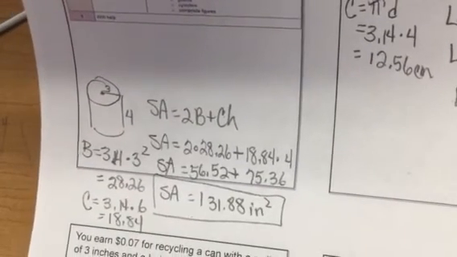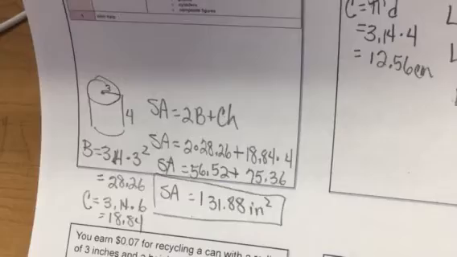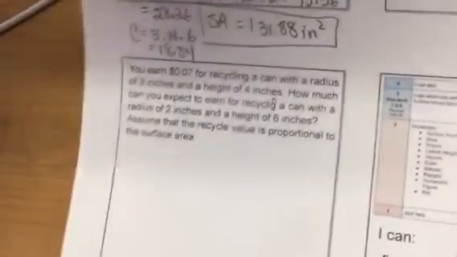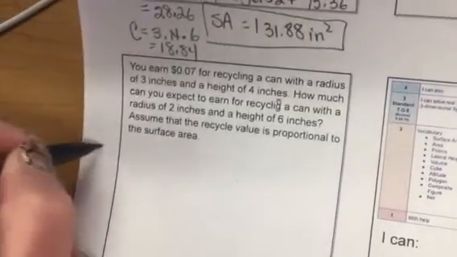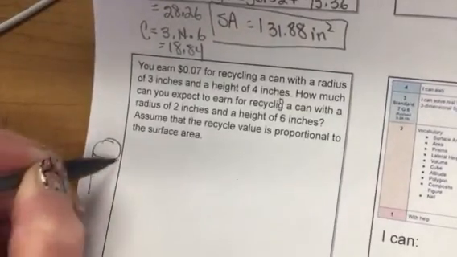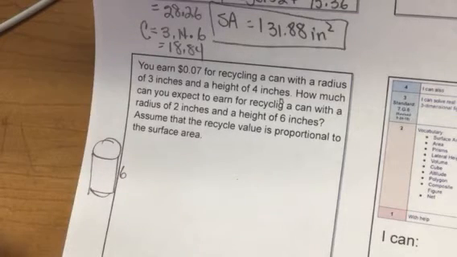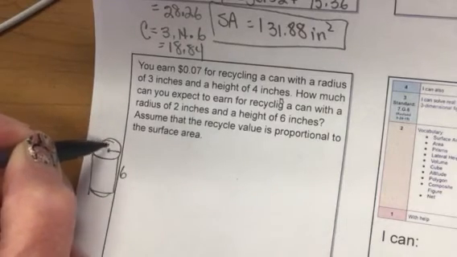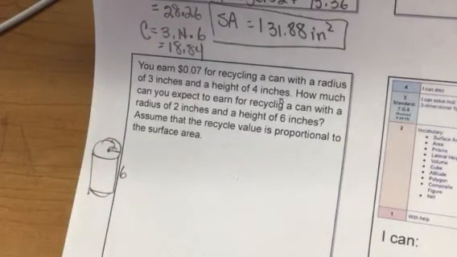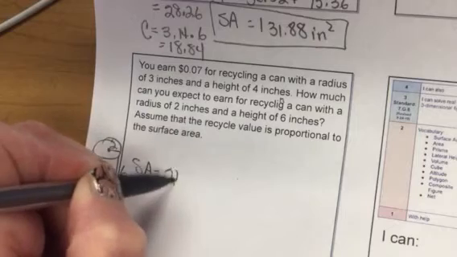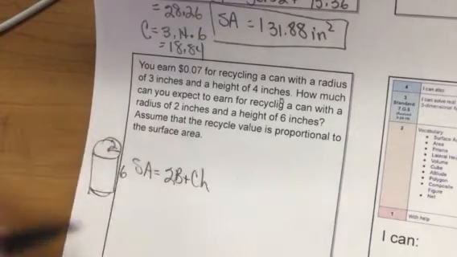Now I need to find can number 2. So I'm going to go down here now and find can number 2. It's a little bit taller. It's got 6 inches and a diameter of only 2. So it's not quite as wide, but it's taller. So surface area, 2B plus CH.